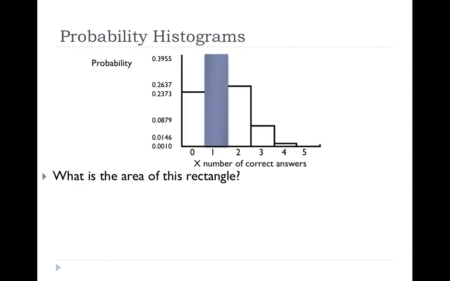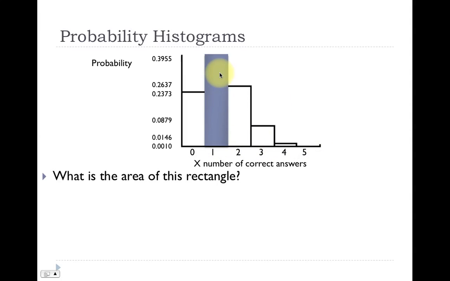What's the area of this rectangle? The formula for the area of a rectangle is length times width. If this is 0 and this is 1 and this is 2, and each rectangle has exactly the same width, then the width of each rectangle is exactly 1.